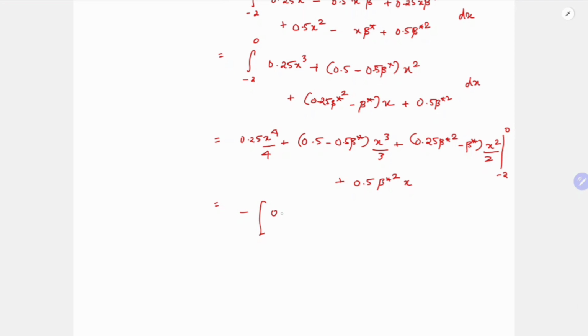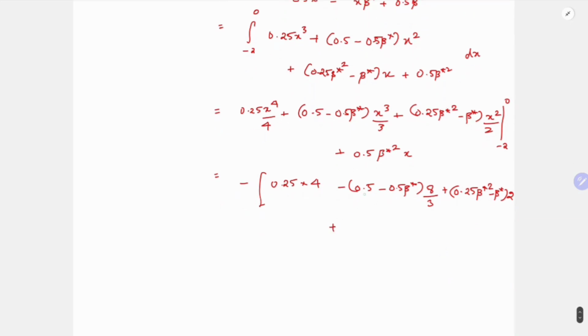So minus of 0.25 into 2 power 4 by 4, plus 0.5 minus 0.5 beta star into x cube by 3. So x cube is minus 8 divided by 3, plus 0.25 beta star square minus beta star into 2 square by 2. Again the minus sign you need to take care. Since this is cube, this will be minus, plus 0.5 into minus 2, so minus beta star square.